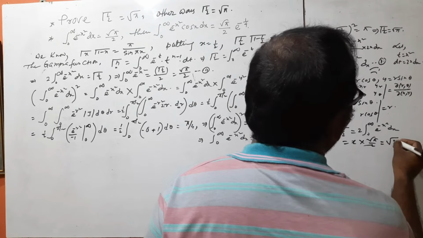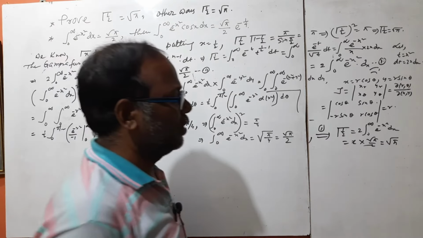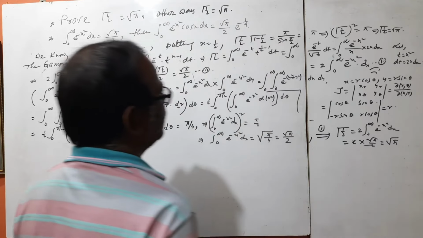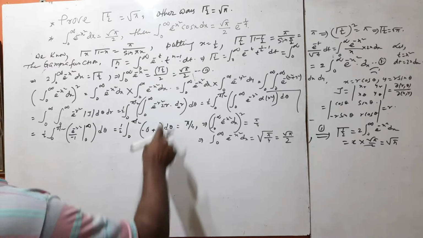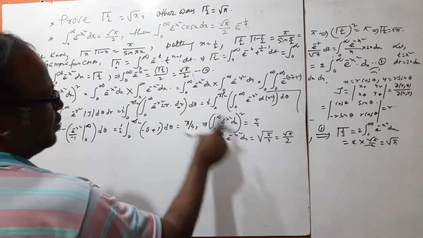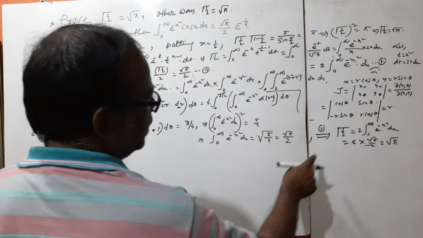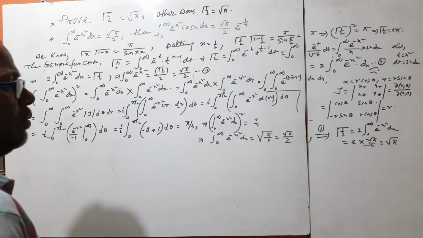So this is root pi. This is another way of finding the value: gamma half is equal to root pi. So it is proved easily.